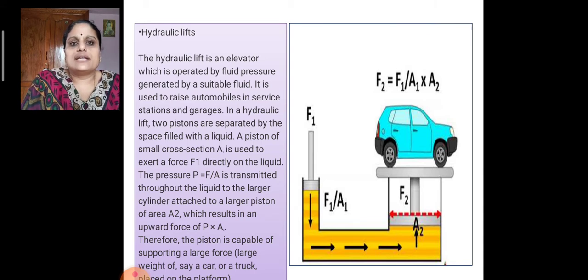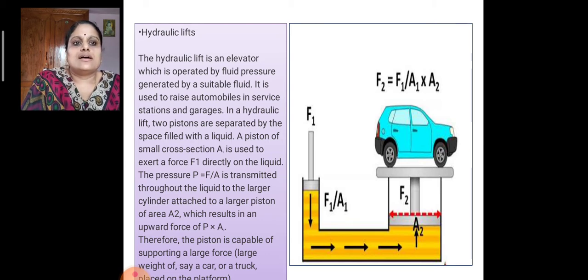Suppose you exert a force F1 on the area A1, the pressure will be transmitted through the fluid undiminished, which will lift the other end of area of cross section A2. This will help us to lift the car upwards.